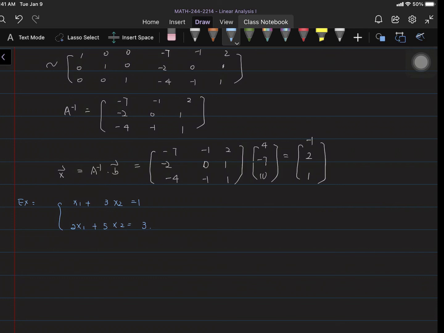Now we have some properties of the inverse matrix, so we can do this pretty quickly. Theorem 2, some properties of inverse matrix. Let's see. We have two matrices, A and B, both invertible matrices.